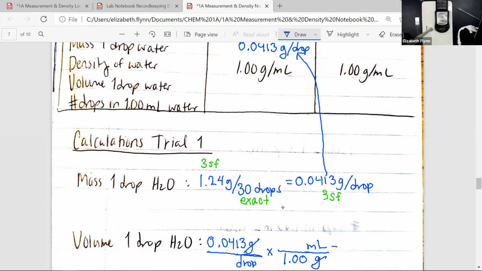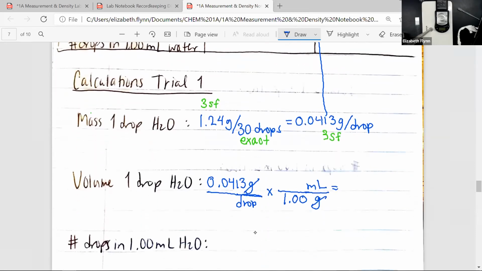So this means then that since the density, right, and this is the density of water, since the density is 1, this means that the number of grams per drop is the same as the number of milliliters per drop. So 0.0413 milliliters per drop.